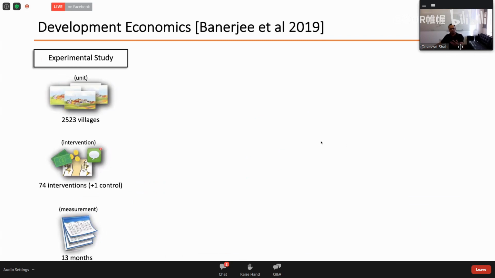I would explain that through this beautiful and extremely rich case study from developmental economics by Abhijit Banerjee, Esther Duflo, Matt Jackson, and their colleagues. So I will briefly describe this experimental study that was done in collaboration by this group of academics along with the Haryana government in India.